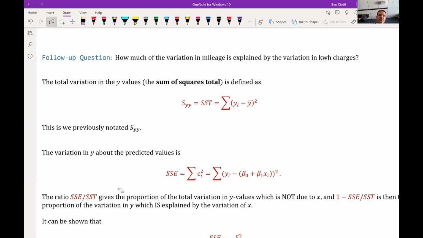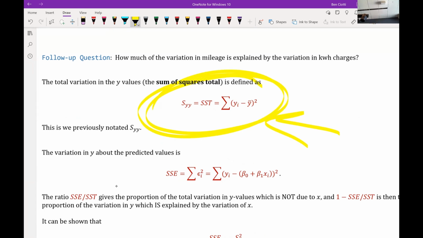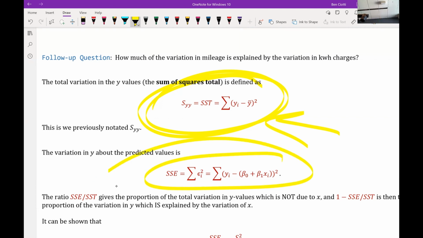I also defined already today the sum of the squares of the errors. This expression, SST, gives the total variation in the y values. This expression, SSE, gives the variation in the errors, that is, the deviations about the predicted values.